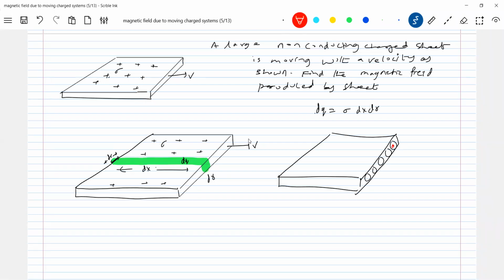Out of the plane, I'm taking this. The rate of flow of charge should be the current too. Look at the green color region, the charge is there, the charge is in motion. And what is V? We can write dx by dt from the geometry. And let me apply Ampere's loop. So where is the Ampere's loop? I'm going to bring the Ampere's loop like this.